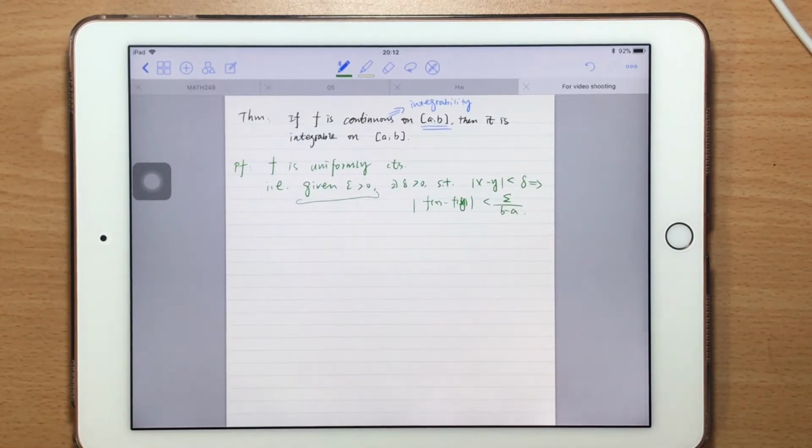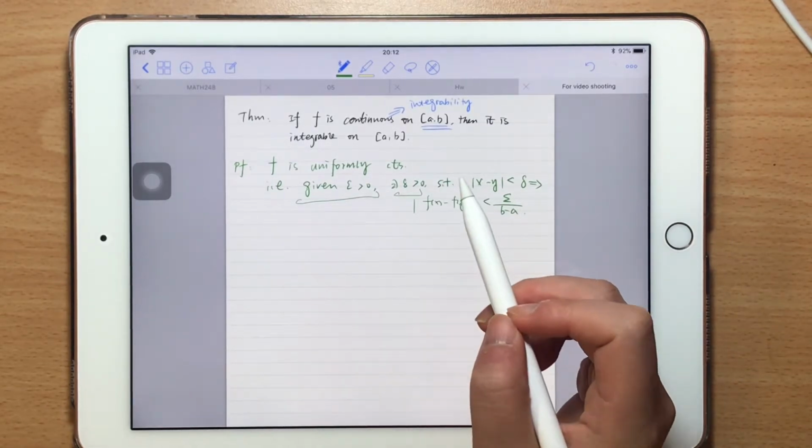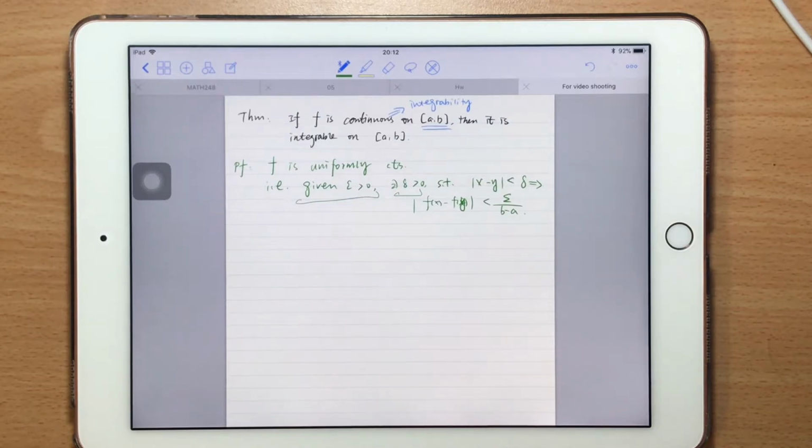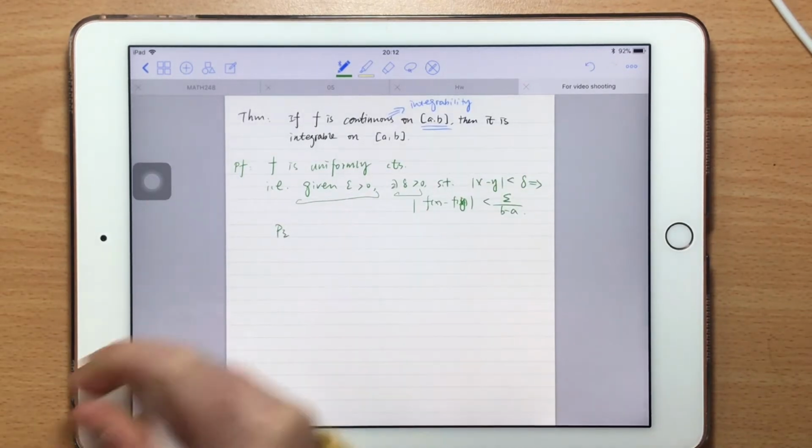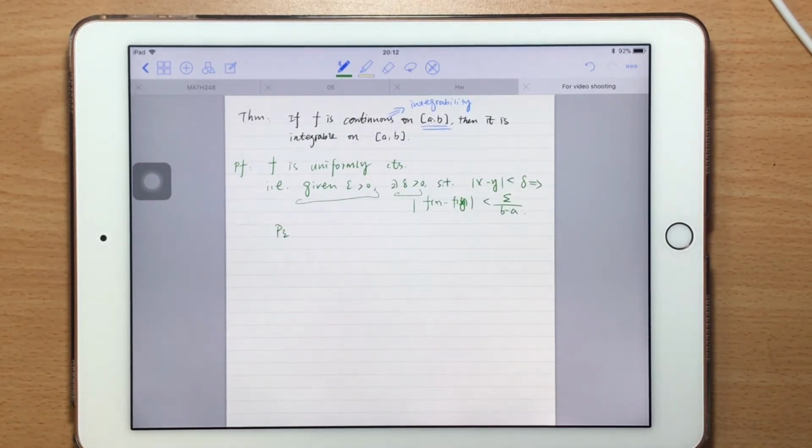So actually we already have an epsilon, and we also have a delta, and then we are going to choose some partition. The way we choose the partition is that we take every subinterval of P epsilon to be smaller than delta.